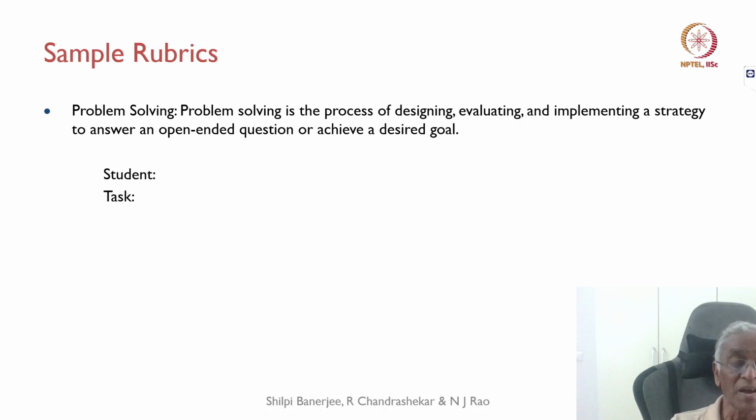Now we will look at a sample rubric. This is just problem solving, which we will look at in another unit in greater detail. Problem solving is a process of designing, evaluating, and implementing a strategy to answer an open-ended question or achieve a desired goal.